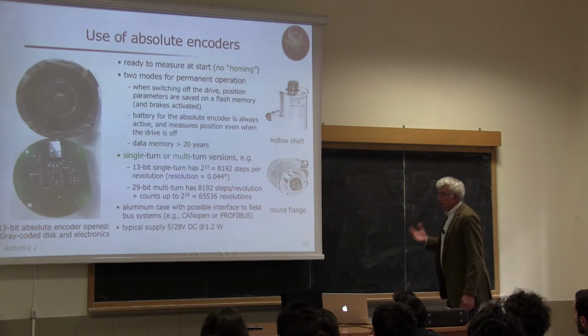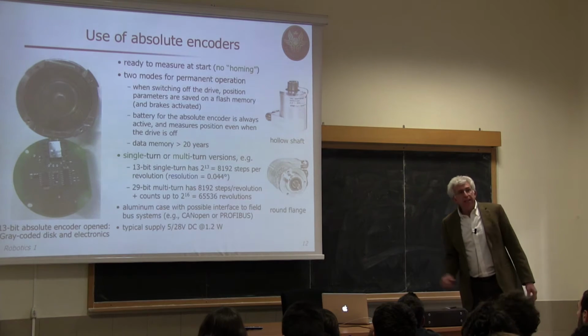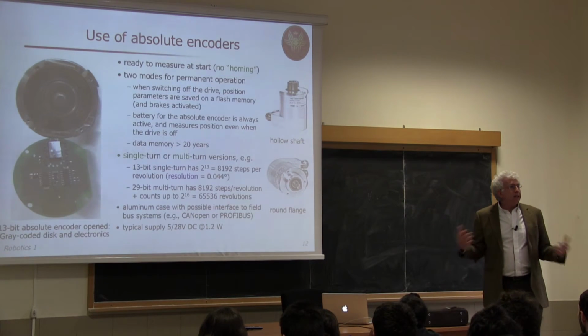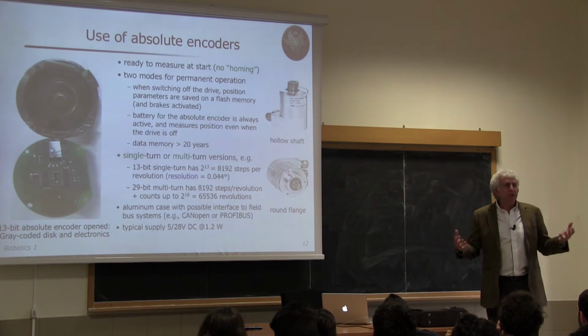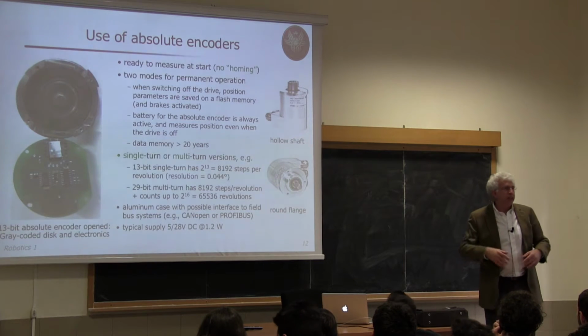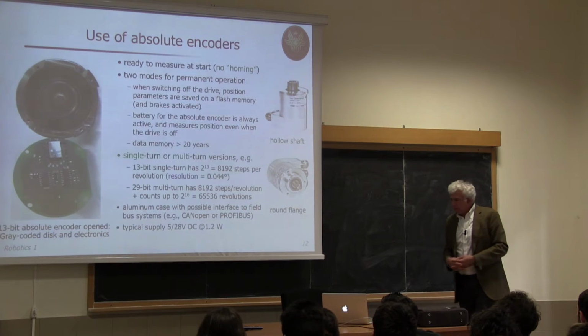So when the robotic system is turned on, by means of different techniques they immediately measure the angular position, so the robot knows its internal configuration and can start doing whatever it's being asked for.